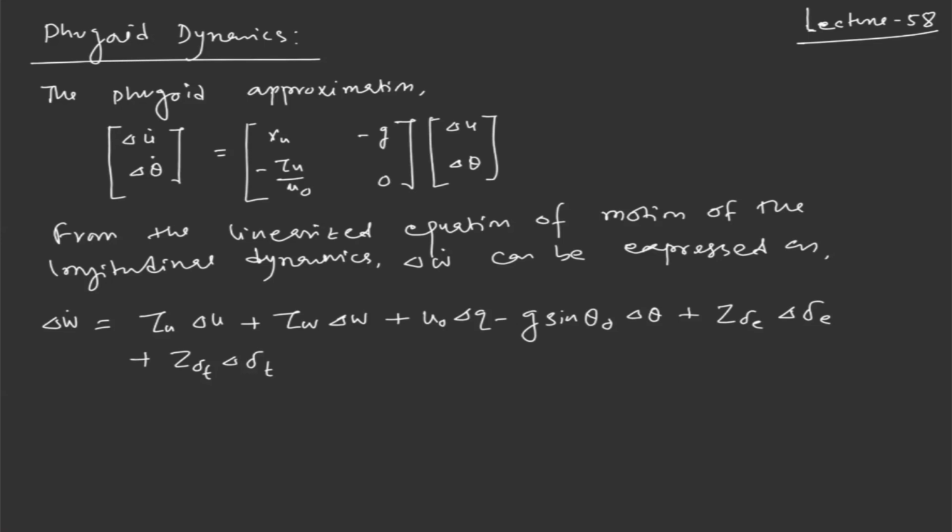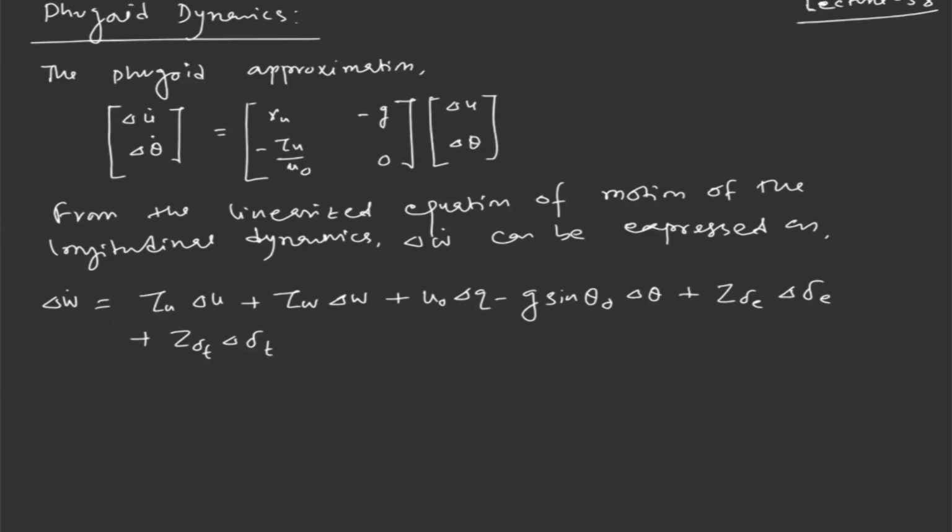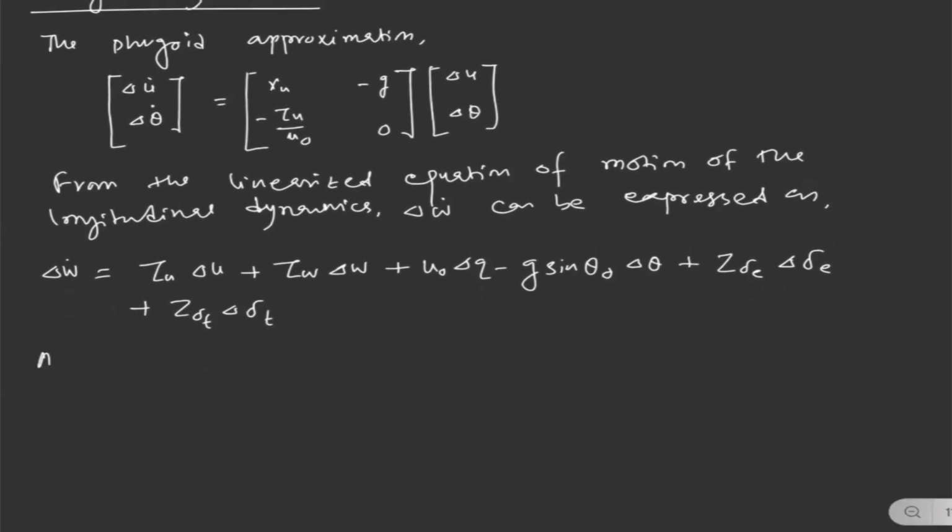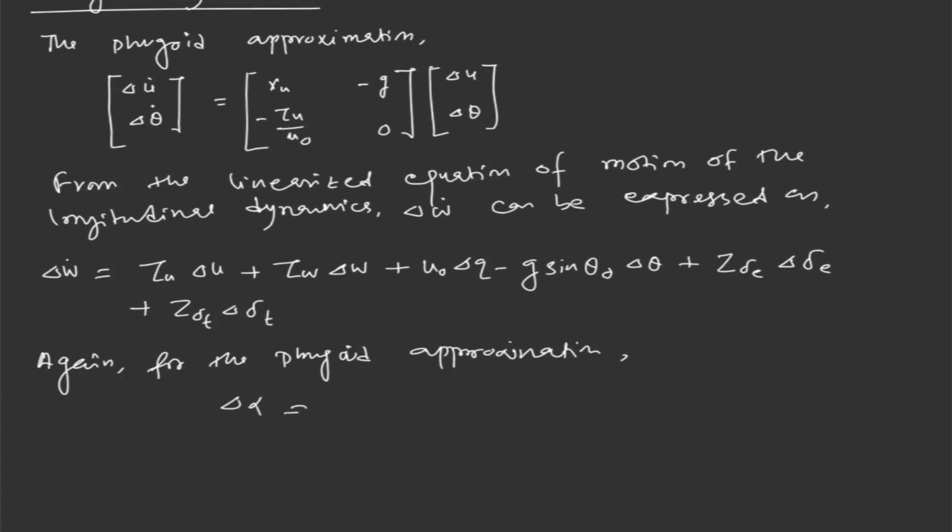Now, for the Phugoid approximation, what have we assumed? If you remember, we had delta alpha equal to delta w divided by u naught.